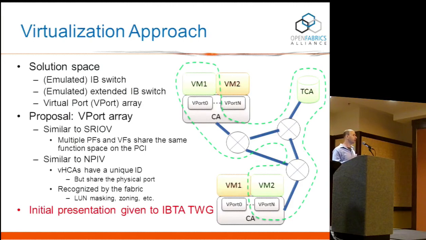The second is Fibre Channel. With NPIV, you have your initial fabric login, then you do a discovery, and you can obtain additional Fibre Channel IDs for your virtual HBAs. Those IDs are equal citizens in the Fibre Channel fabric. You can do zoning, LUN masking, whatever you want, while still sharing the same physical port.